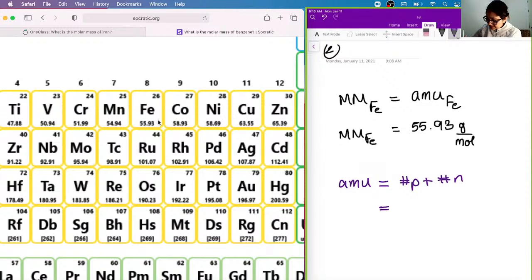And so in this case, let's say for iron, the number of protons is always the same as the number of electrons or your atomic number. And in this case, it says this is 26, so you can say it's 26.